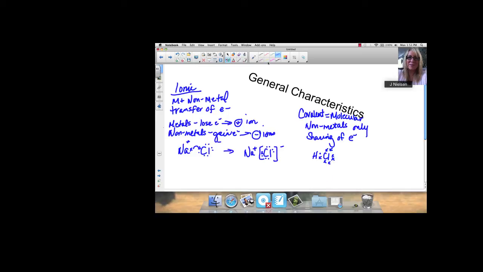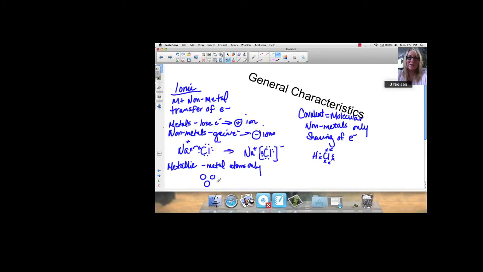The other type of bonding that probably warrants mentioning is metallic, and that's involved with metal atoms only. And there really isn't much to show with this.